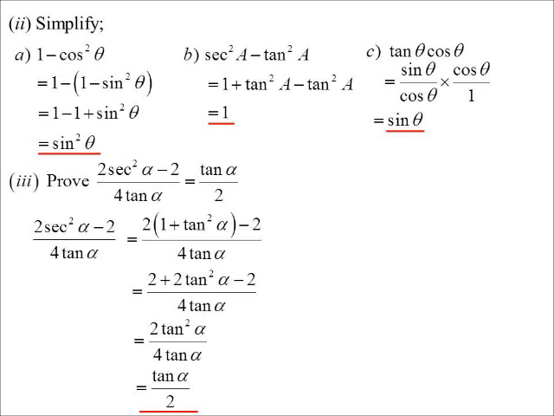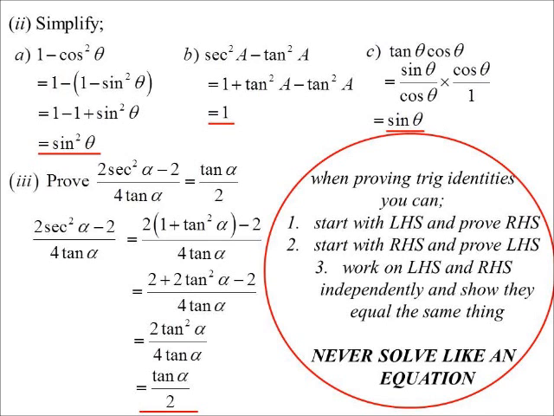But basically, when you're doing a trig identity, it is a proof. So you can start with the left-hand side and then go and prove the right-hand side. You can start with the right-hand side, prove the left-hand side. Of course, the third option is start with whichever side you like. You might get to a point and get stuck, and you go, oh, hang on, I'm not sure how this is going.